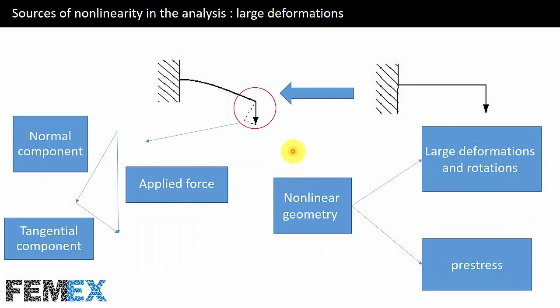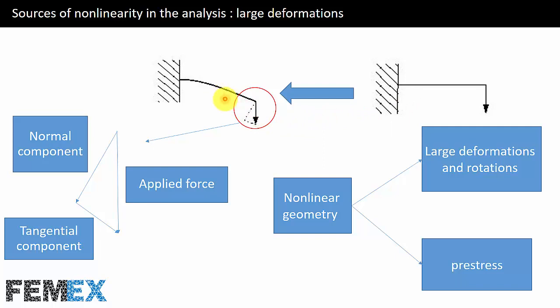And I want to explain large deformations, which are one of the sources of nonlinearity in the analysis. Assume a bar on whose tip we apply a concentrated force. By increasing the load, the bar deflects until this position.